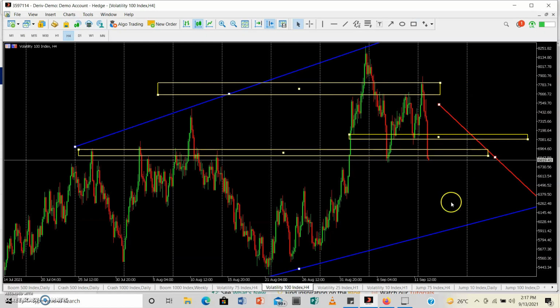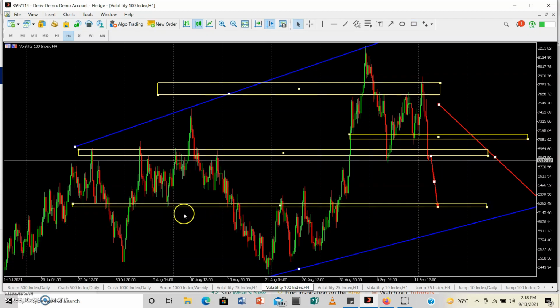But what it looks like is currently we have broken this support zone, so price must most likely continue to push downwards. Why? Because I can see that it has broken my support, unless it's a false breakout, which is very unlikely, but this is what V100 is currently showing me.